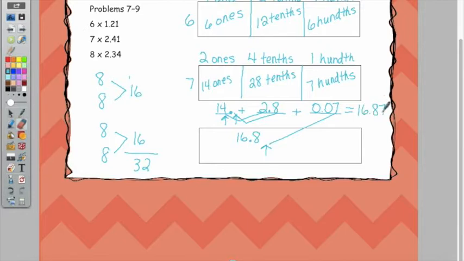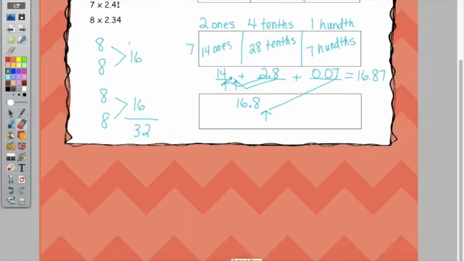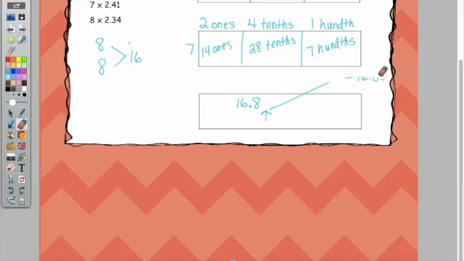All right, how you doing? Good. I think we're ready to try one on our own. What do you think? Okay, so the next one is 8 copies of 2 and 34 hundredths.